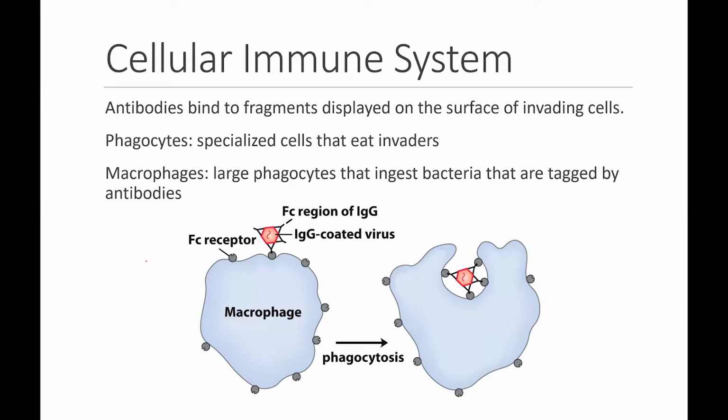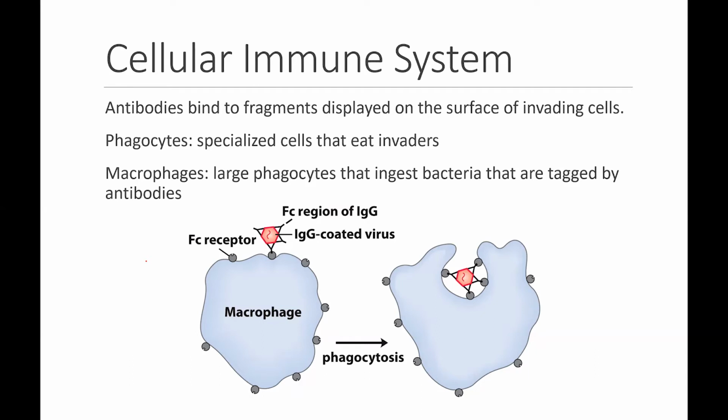The idea is an antibody is going to tag the invader cell, or the cell within the organism that has been compromised in some way. And then phagocytes or macrophages in general are sent to engulf and destroy that cell.